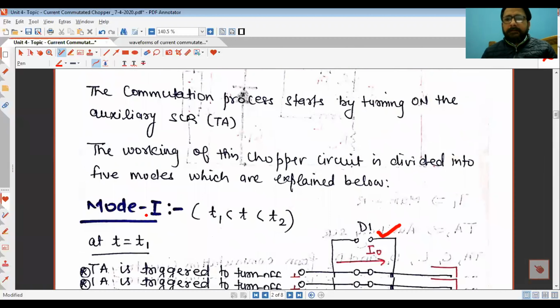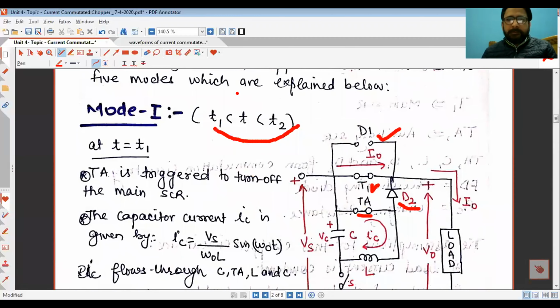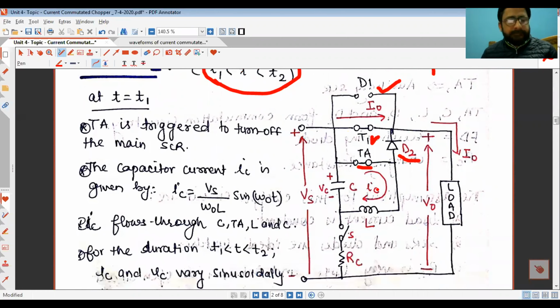And that means, before this mode, when t is less than t1, what actually is happening? In this case, this SCR is not conducting at all.